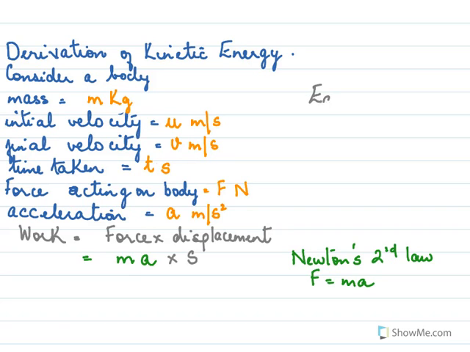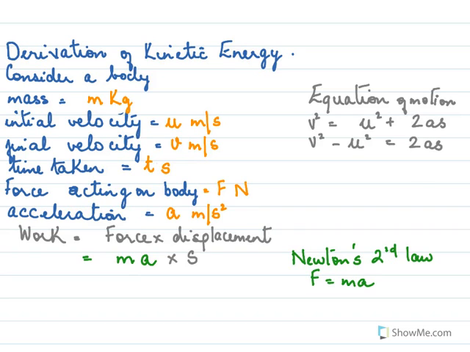According to the equations of motion, we know that v square equals u square plus 2as, which means v square minus u square equals 2as.